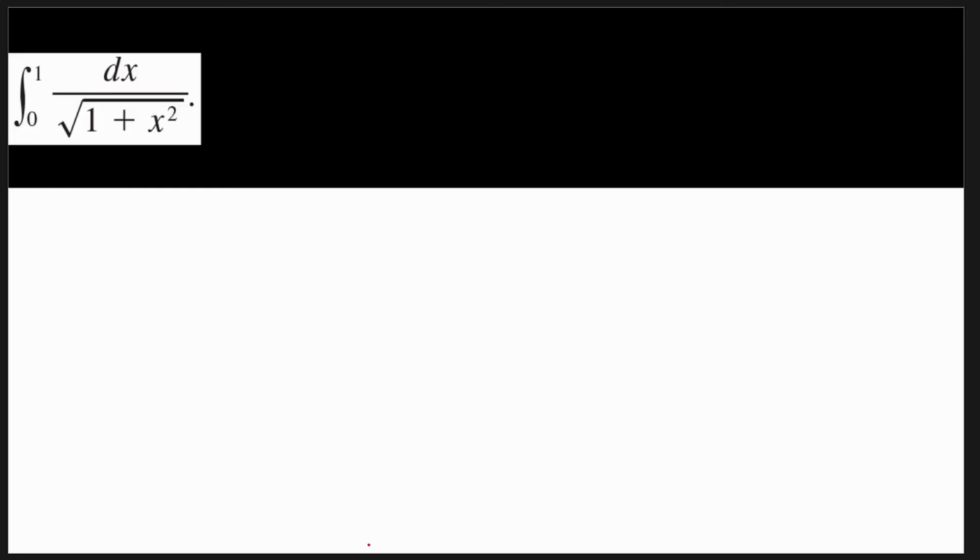Okay, another example. The integral of dx all over the square root of 1 plus x squared, with limits from 0 to 1. What we know from the integration formulas is that we have 1 all over the square root of 1 minus x squared, which is equivalent to arcsine.